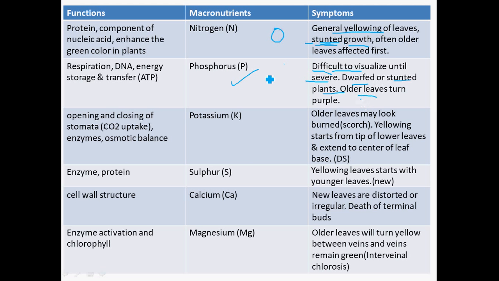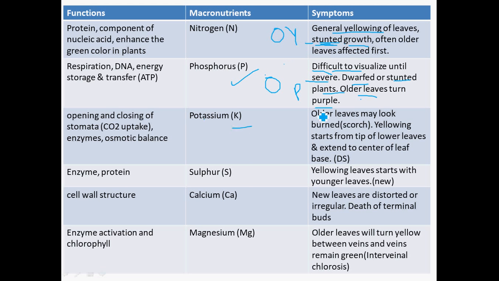Older leaves turn purple. In the case of nitrogen deficiency, yellowing of leaves occurs.